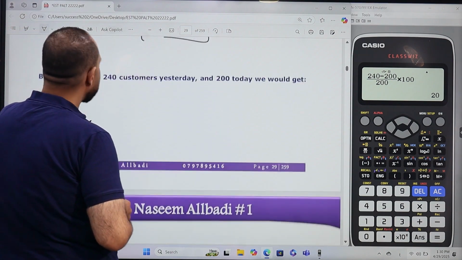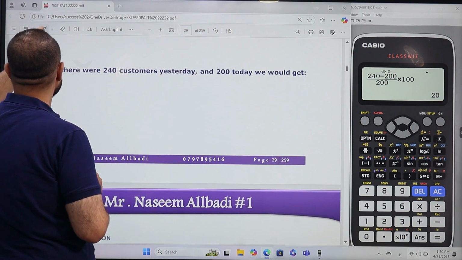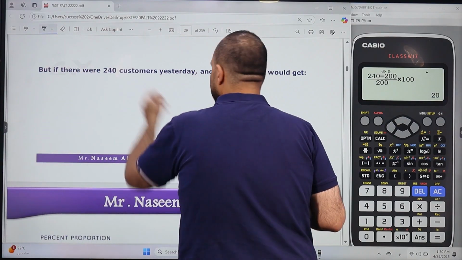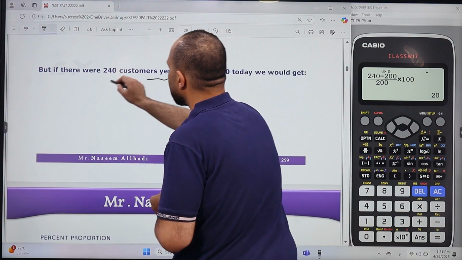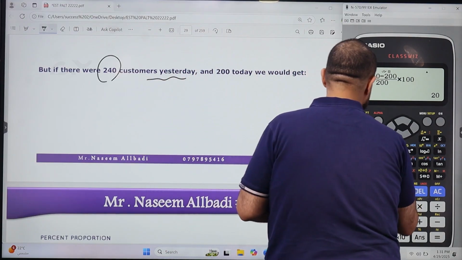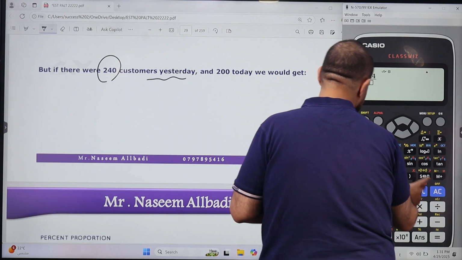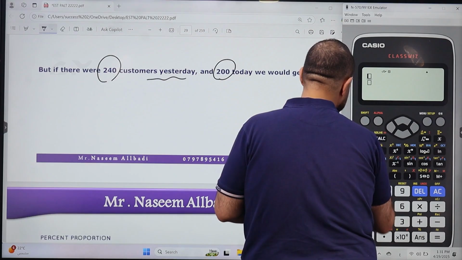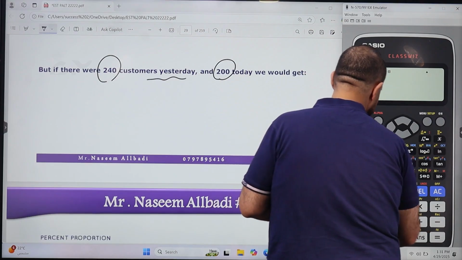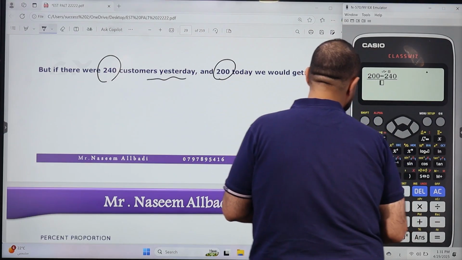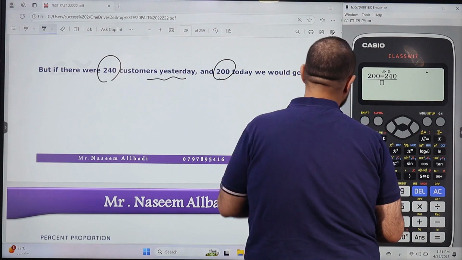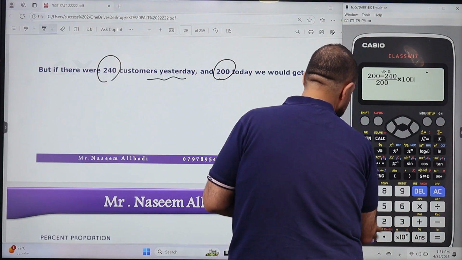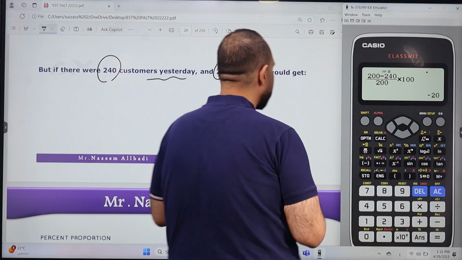In the next example, we flip the numbers to see if it increased or decreased. We have 240 yesterday and 200 today, so the new minus old: 200 minus 240, over the old, times 100, which comes out as a negative number.